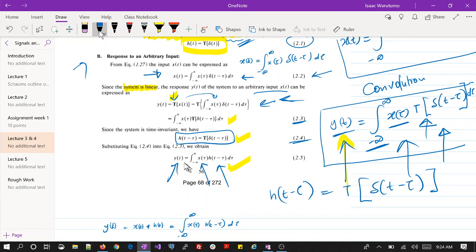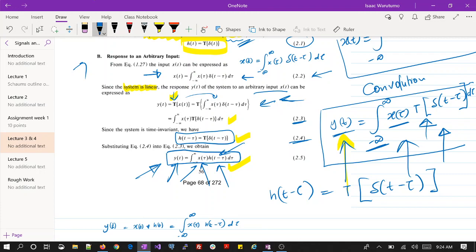So if we know the behavior of the system, which is described by the impulse response h of tau, and we have an arbitrary input x of tau, we can always determine the output y of t for a given arbitrary signal x of tau.